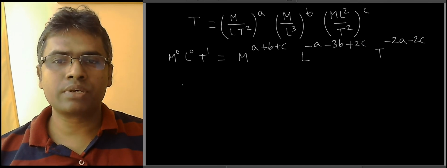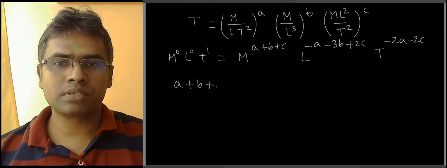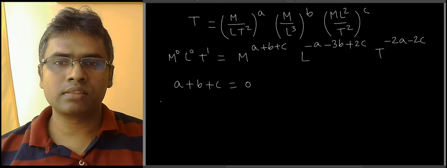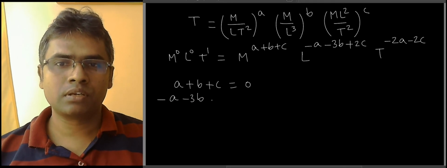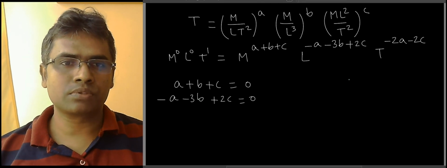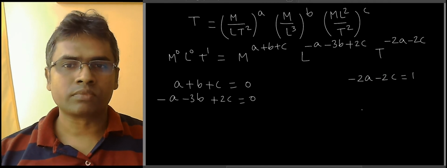If I equate the dimensions of mass, I should get A plus B plus C as 0. For length, I should get minus A minus 3B plus 2C as 0. Now take a look at the dimensions of the time. So we get minus 2A minus 2C equal to 1.